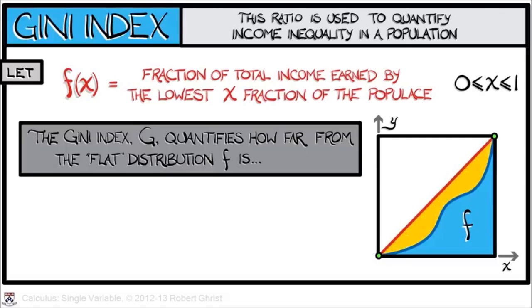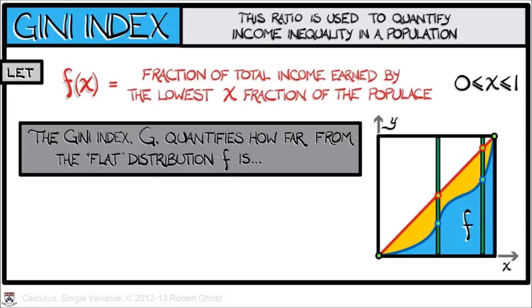A flat income would be the diagonal line where x equals y. Why? Well, the diagonal line would mean that if you look at the lowest 50% of the population, they earn 50% of all income. Of course, in practice, that's not true. They earn less. Folks at a higher income earn more and a larger percentage of the net income earned.